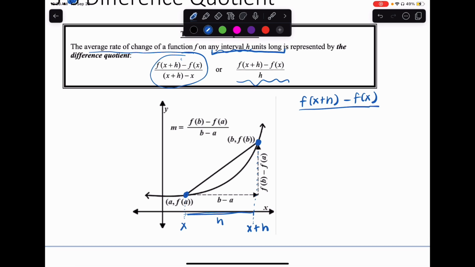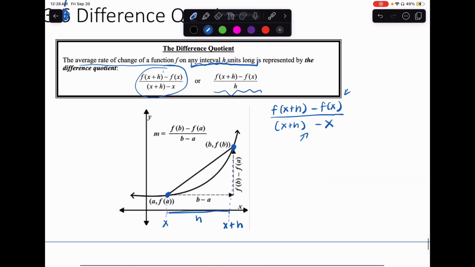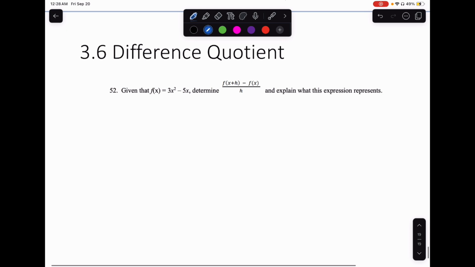So when you do the denominator and you say x plus h minus x, that's just showing that horizontal change for the denominator, right? And then the numerator obviously is going to be our vertical change. But obviously when this simplifies, that's how we get to the h. So again, it should be 3.7.